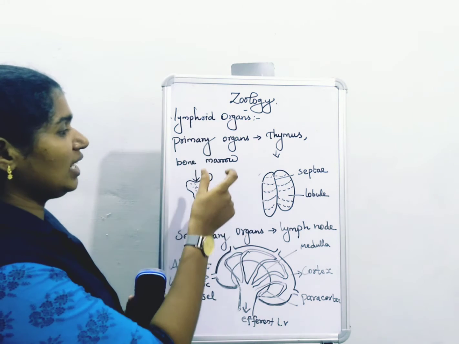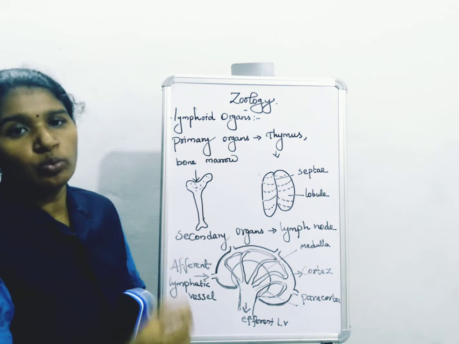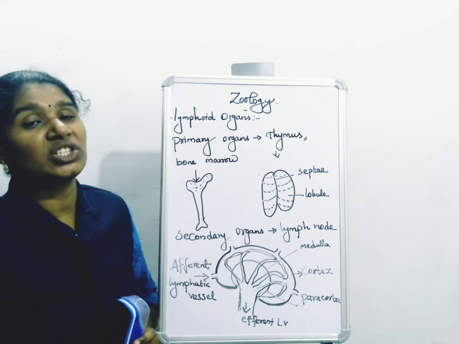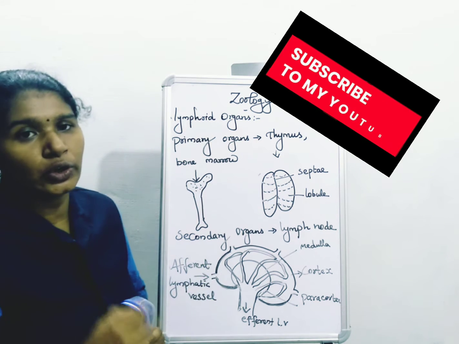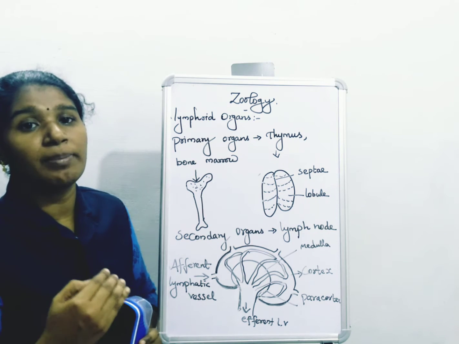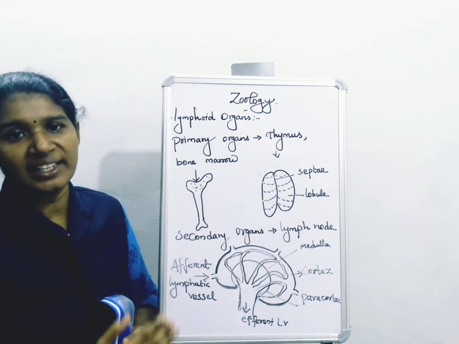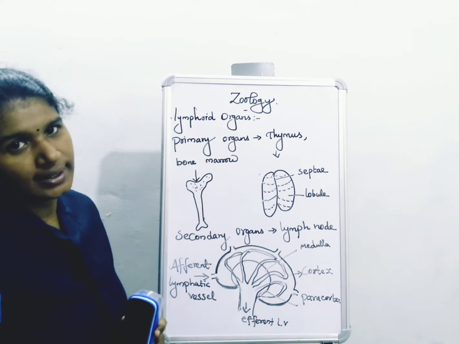The primary lymphoid organ is involved in the proliferation and maturation of the lymphocyte. And in the secondary lymphoid organ, the matured lymphocyte acts as an antibody to kill the antigen.